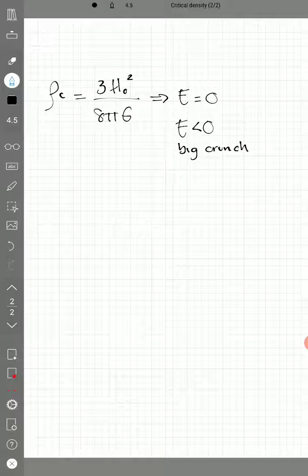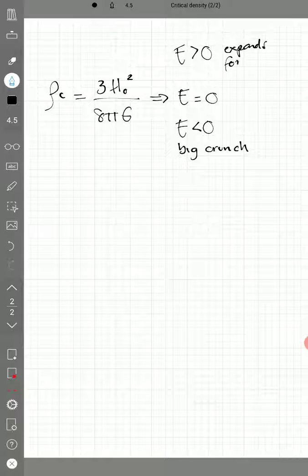And then if the density is smaller than the critical density, then we have the case E is larger than 0, which means that the kinetic energy will dominate, and we reach the scenario where the universe expands forever, and actually never ever stops.